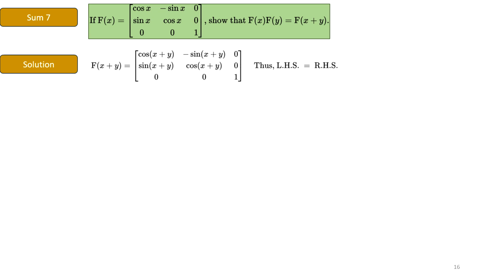We see from the computation provided in the previous slide that once we multiply the matrices f of x and f of y, we get a new 3 by 3 matrix. The elements of this 3 by 3 matrix will be equal to the elements of f of x plus y. Hence, LHS is equal to RHS.